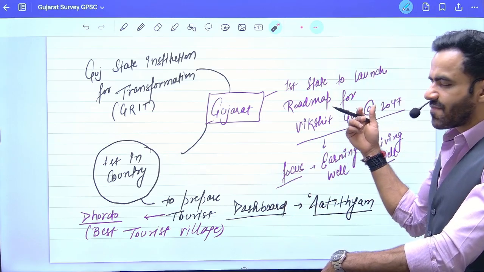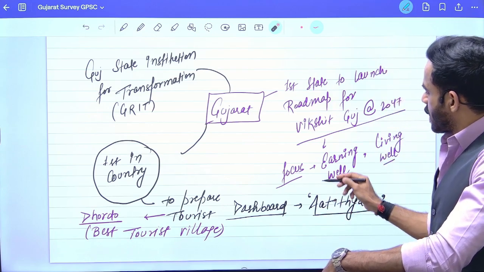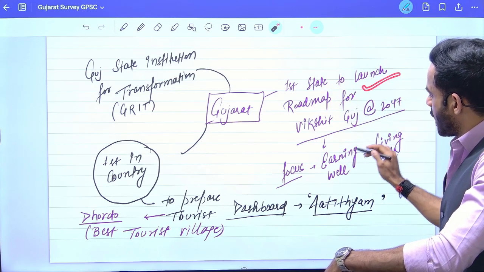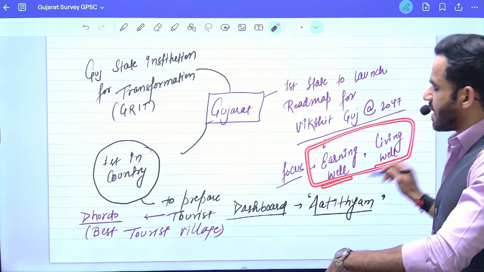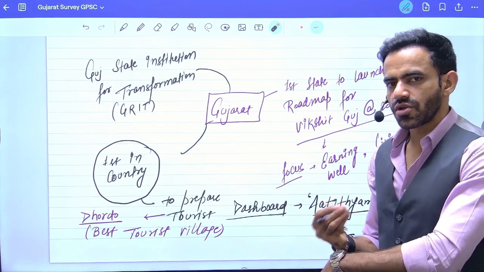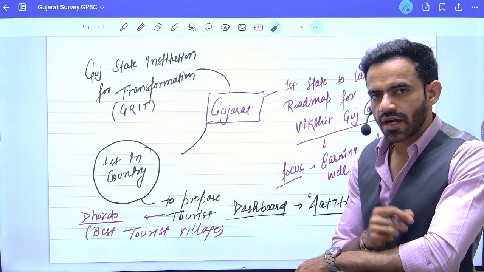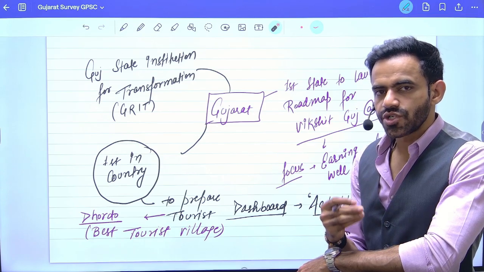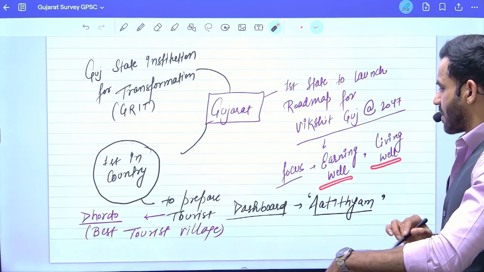It was also the first state to launch its own semiconductor policy. Now, the focus of this roadmap is earning well, living well. Remember this tagline, it can be directly asked in your GPSC exam: what is the focus of the document or vision for Viksit Gujarat? The focus is earning well, living well.